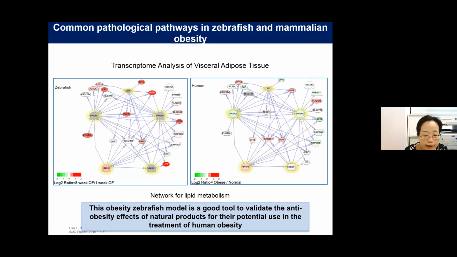So we can conclude that this obesity zebrafish model is a go-to model to validate the anti-obesity effects of natural products for their potential use in the treatment of human obesity.